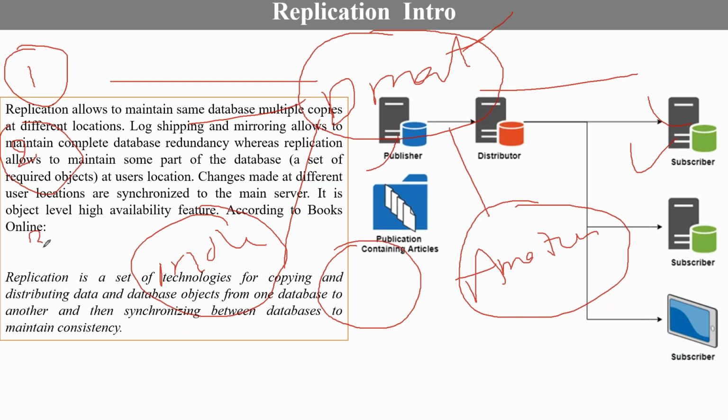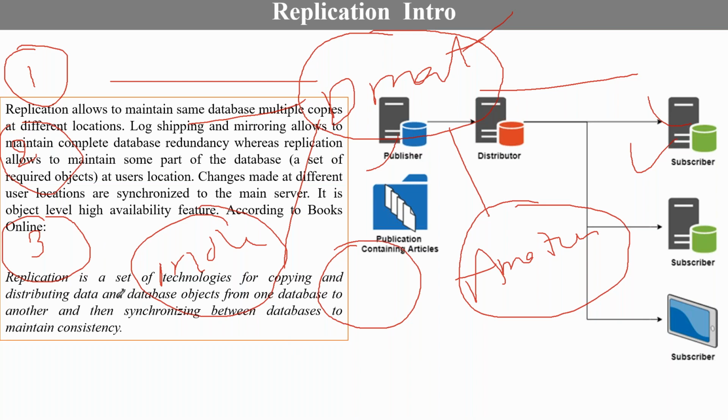Sir, MySQL also supports replication. Oracle has replication, MySQL has replication. So can we use PostgreSQL, SQL Server to MySQL? I hope so. Okay, I'm just confirming: Oracle to SQL, yes.